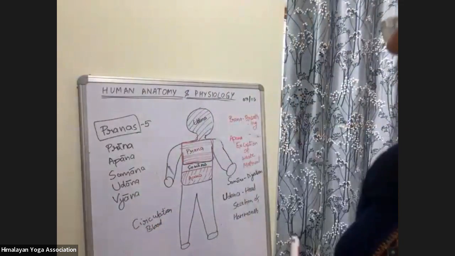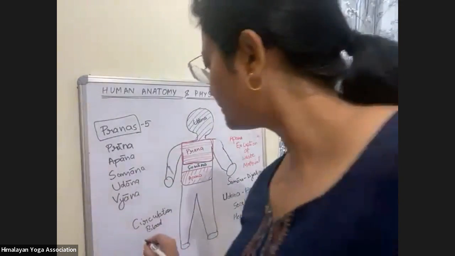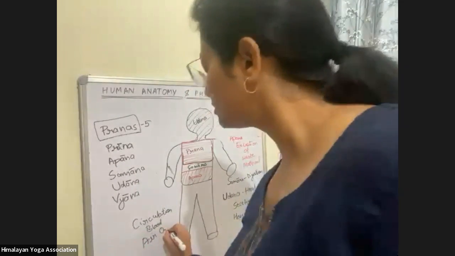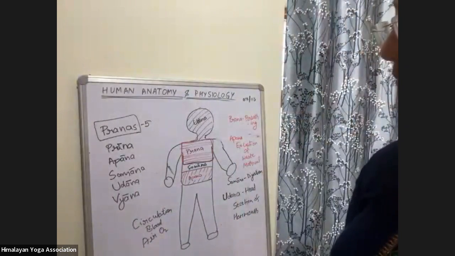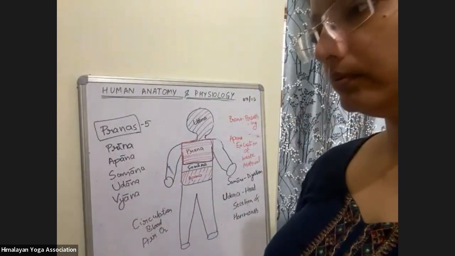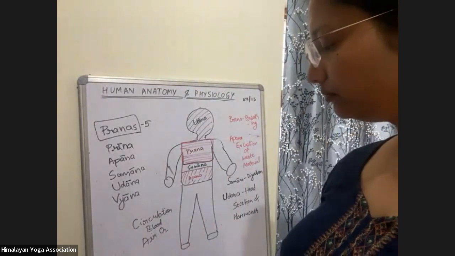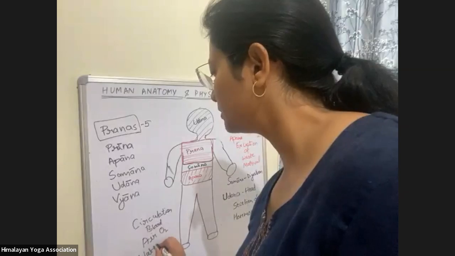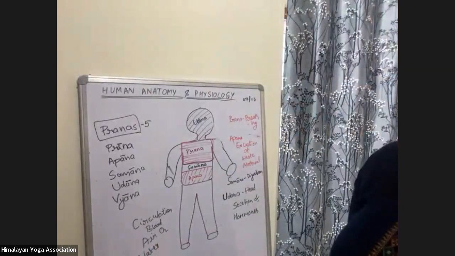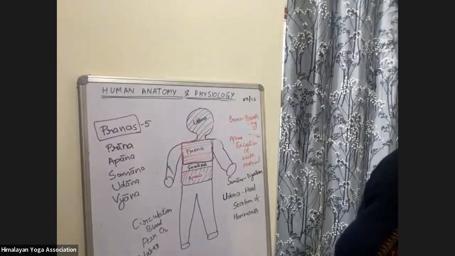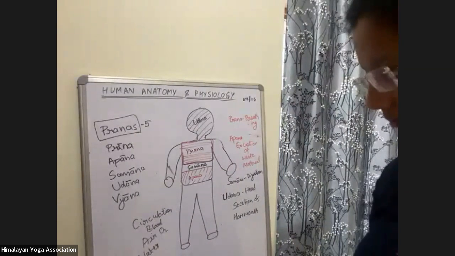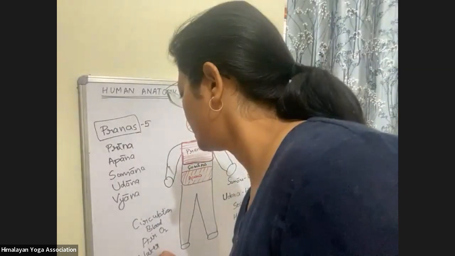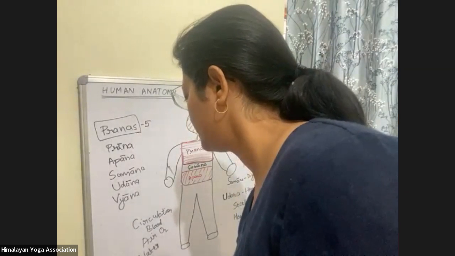Air, that is oxygen. Blood flow, circulation, and water. And what else? Skin, nutrients, hair.